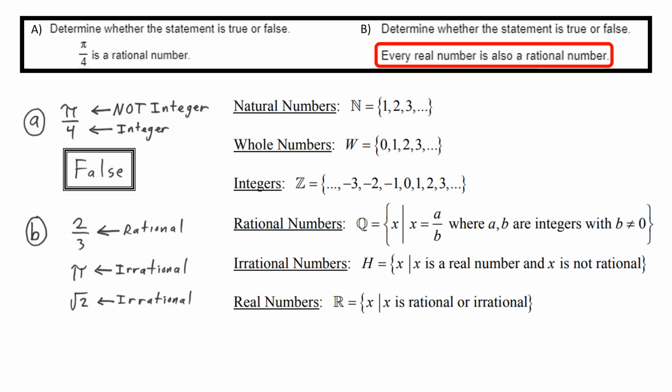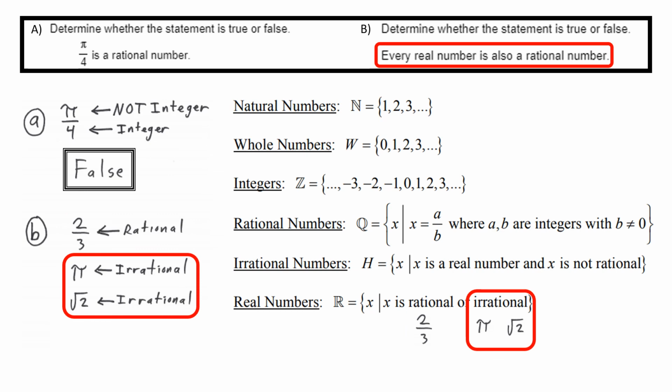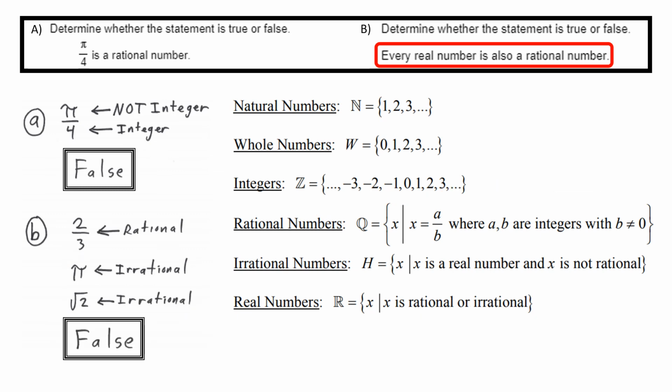But pi and radical 2 are irrational because they cannot be written as the ratio of 2 integers. 2/3 belongs in the set of rationals and in the set of reals. Pi and radical 2 belong in the set of the real numbers, but not in the rationals. So there are at least some numbers that are real, but not also rational. So our statement is false.